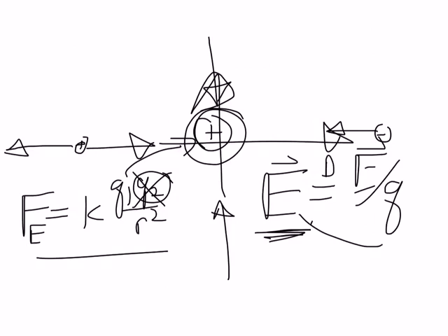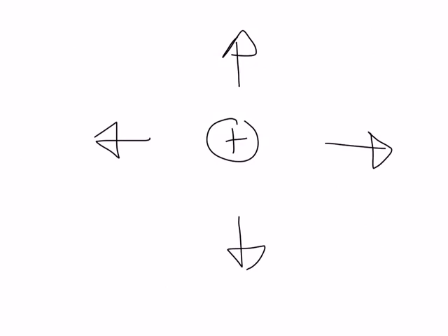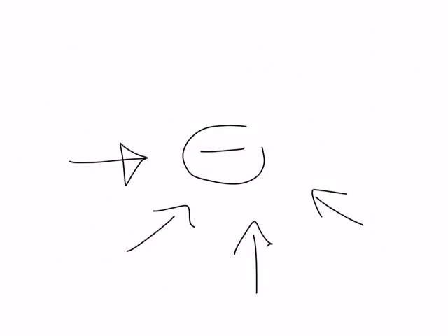Okay? So, what does the field look like? Well, for this big positive charge, it points away everywhere. Okay? If we did a big negative charge, it would point towards it everywhere. Okay? Which is one of our rules for electric fields now.